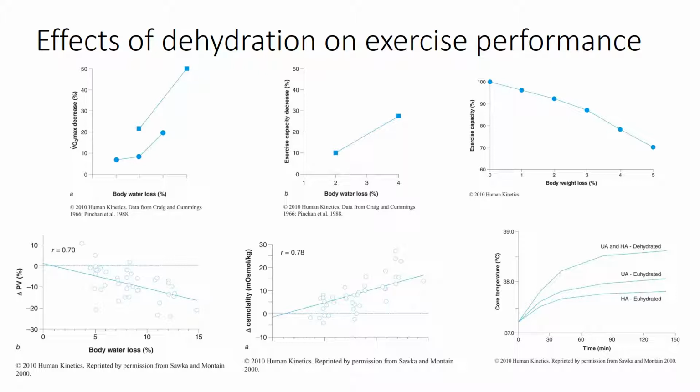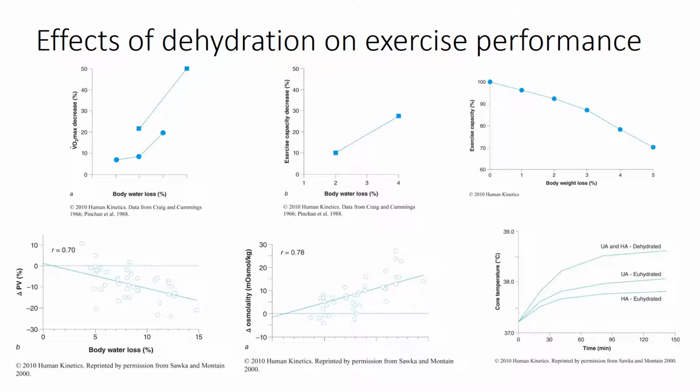He loves it. Now, as we have greater and greater amounts of fluid loss, we're going to see diminishments in our VO2, literally how high we're going to be able to keep that performance up, and general exercise capacity, meaning how much work we're going to be able to perform.